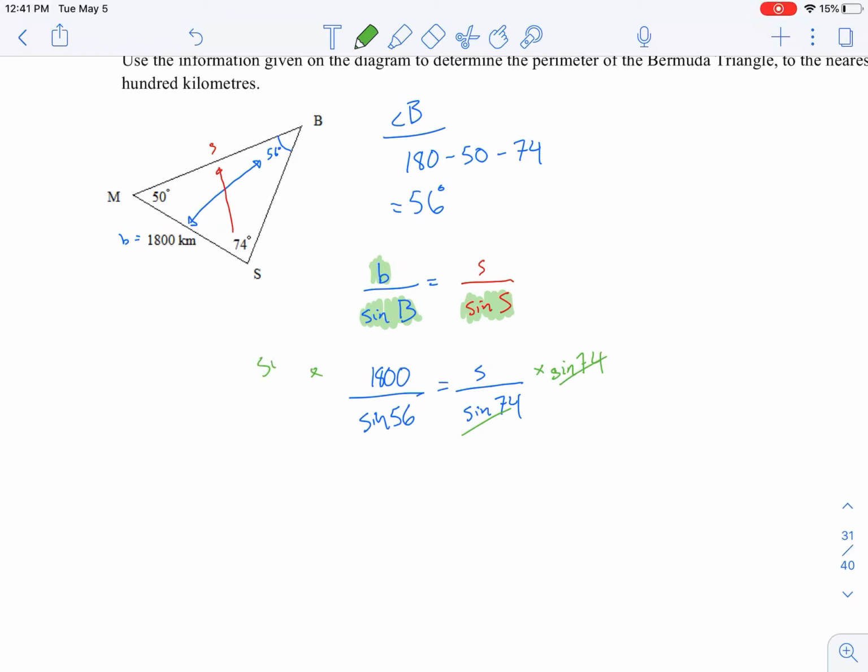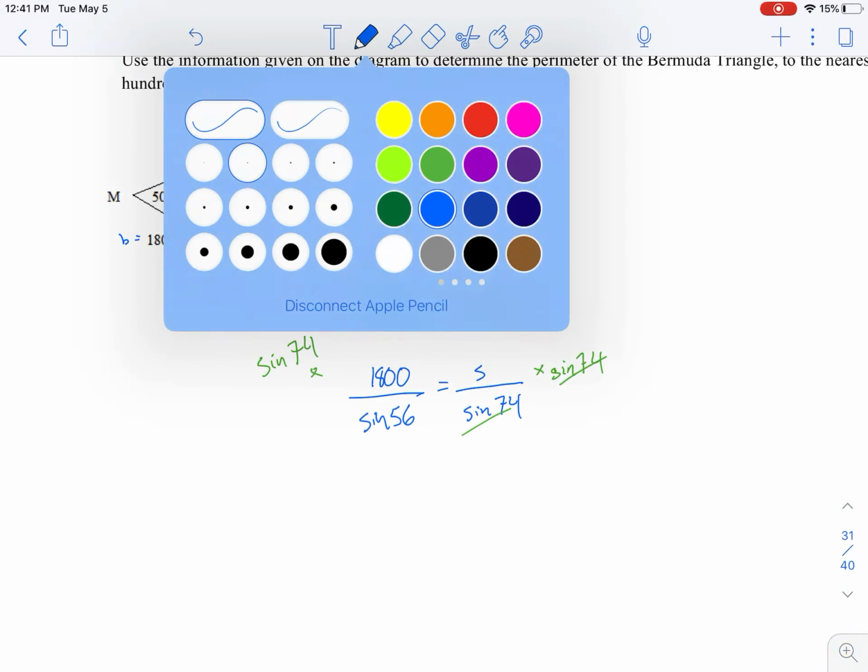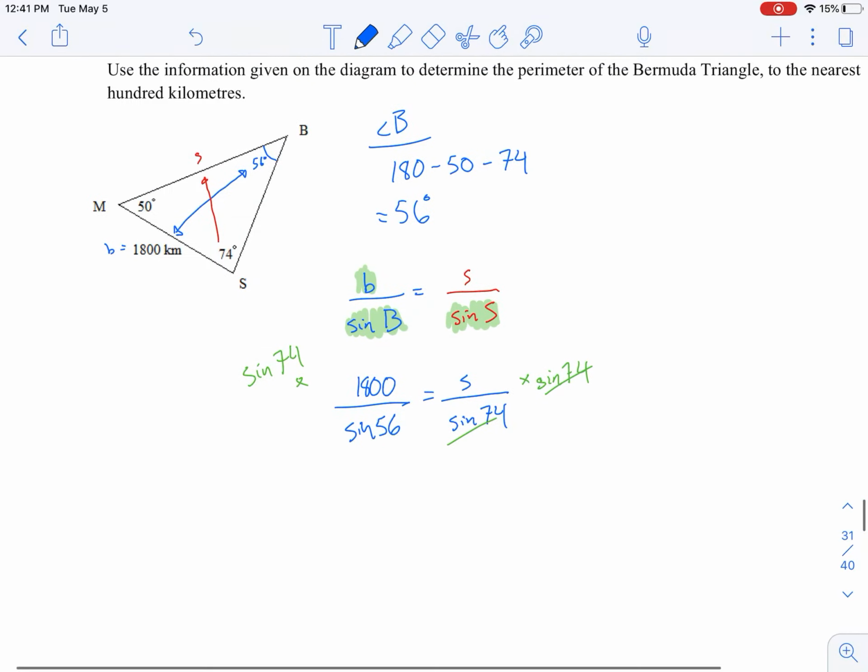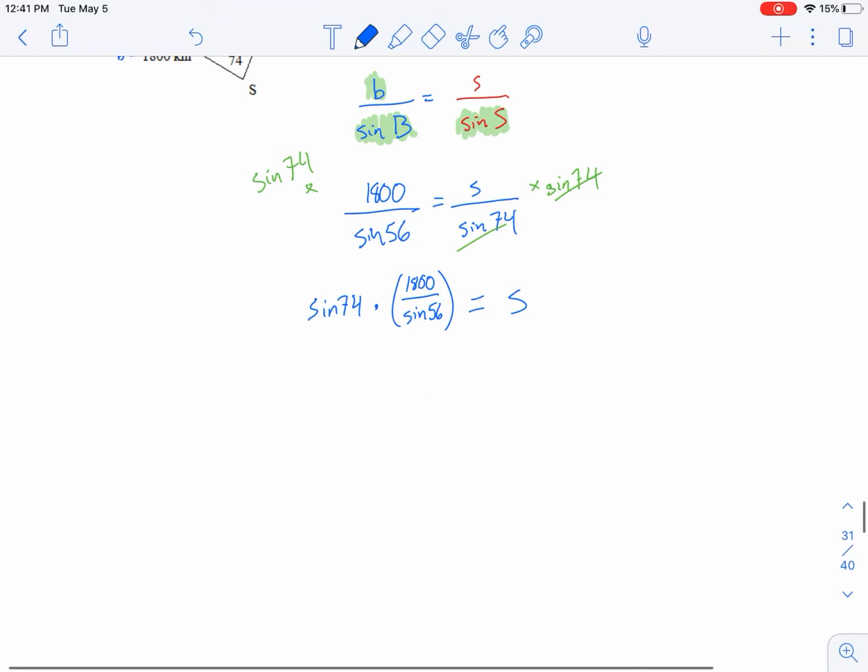So if I multiply one side by sine 74, I need to multiply the other by sine 74. And I get the answer of 1800 times sine 74, technically I should write it out just not to confuse anyone, 1800 divided by sine 56 is equal to s. We just multiply by the numerator, so technically that's the same as writing 1800 times sine 74 all divided by sine 56.